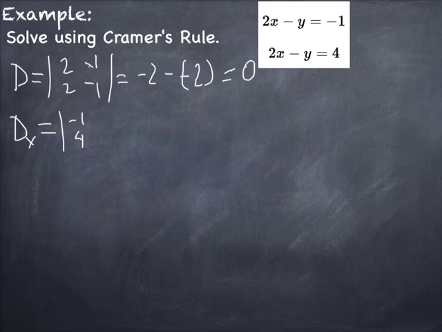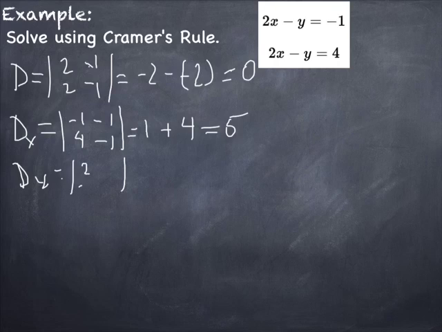Negative 1, 4, negative 1, negative 1. Negative 1 times negative 1 is 1. 4 times negative 1 is negative 4, so we're subtracting negative 4. So we get 5 for Dx. And for Dy, we get 2, 2, negative 1, and 4. 2 times 4 is 8. 2 times negative 1 is negative 2, so we get 10.